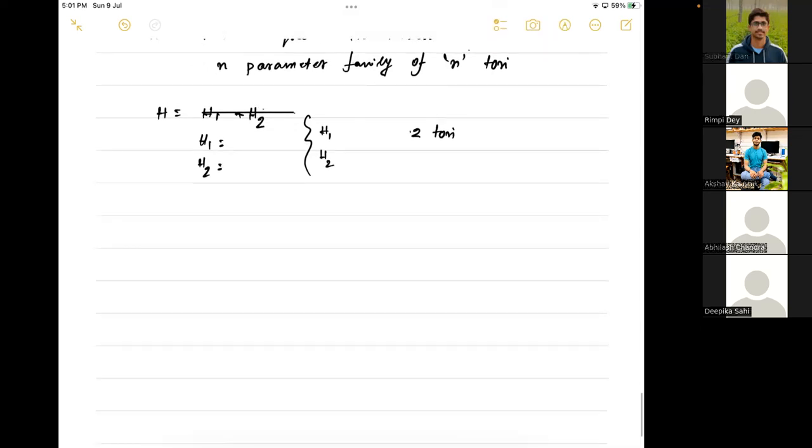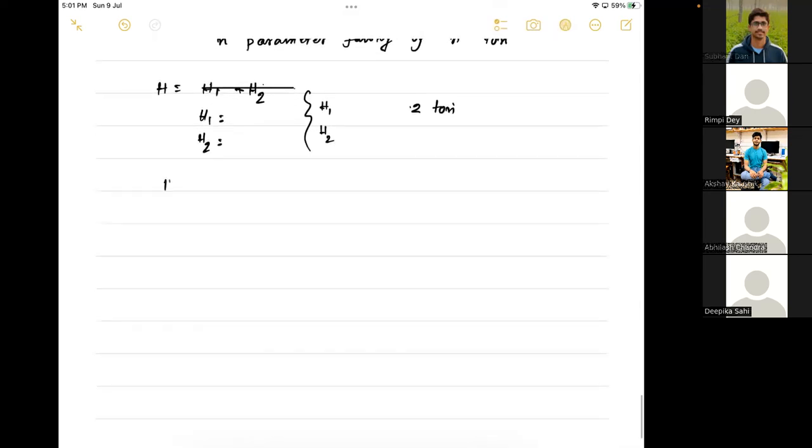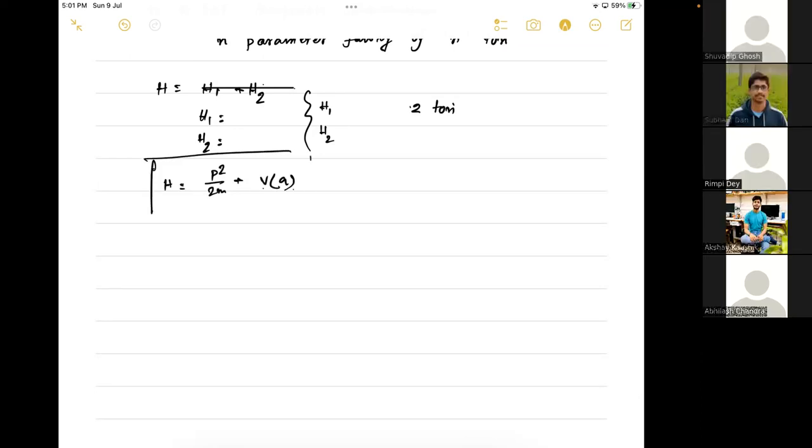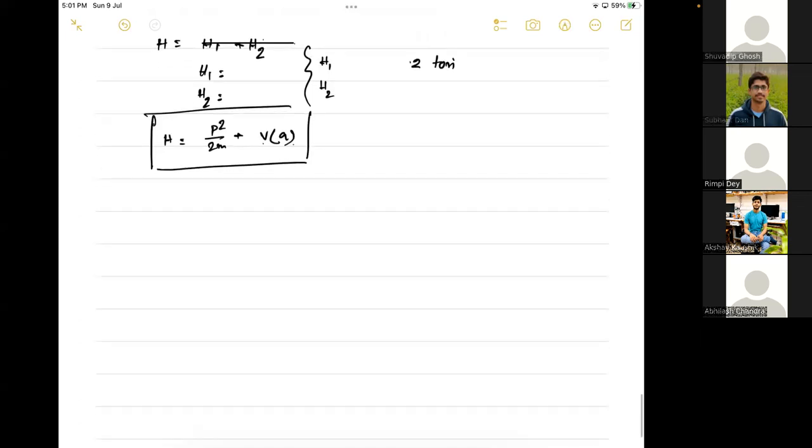So basically, in general, H is equal to momentum squared by 2m plus V of Q, where the potential energy is a function of Q. So this is in general the Hamiltonian, right? Now we can transform this Hamiltonian from the p, q variables to a new kind of variables. It's a kind of coordinate transformation, like going from Cartesian coordinates to polar coordinates.